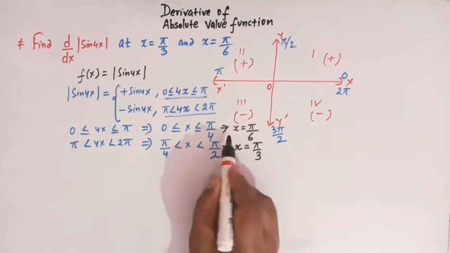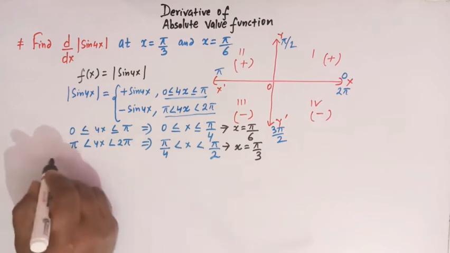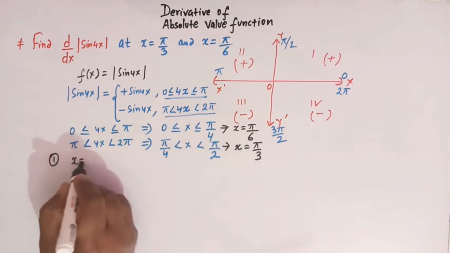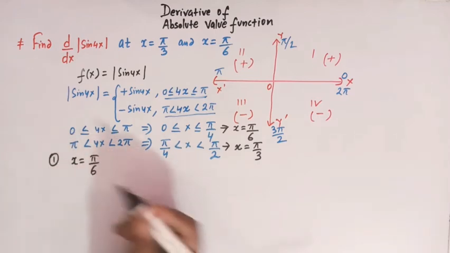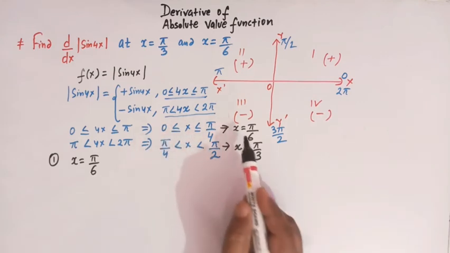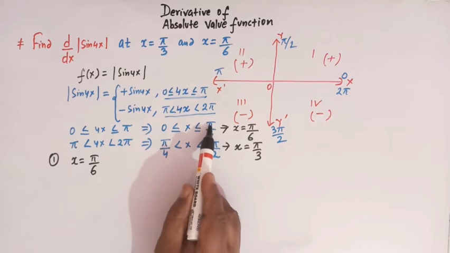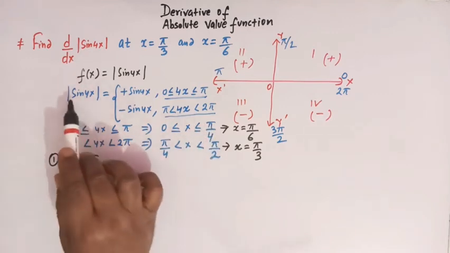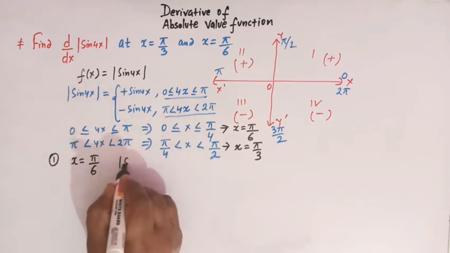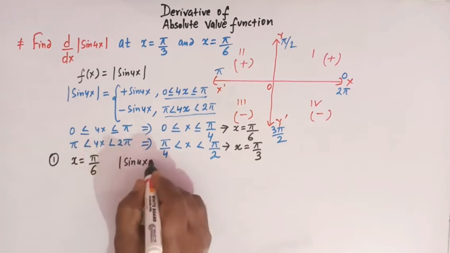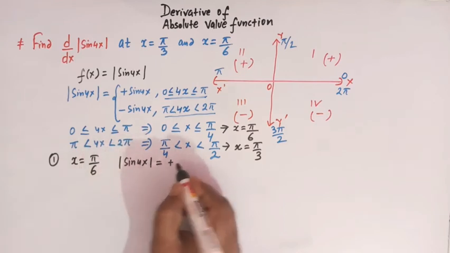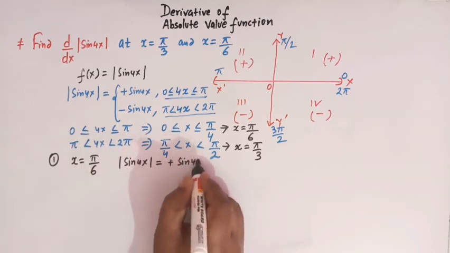So now let us first take x is equal to pi by 6. We have just discussed that x is equal to pi by 6 lies between 0 and pi by 4. Therefore mod of sin 4x should be equal to plus sin 4x.